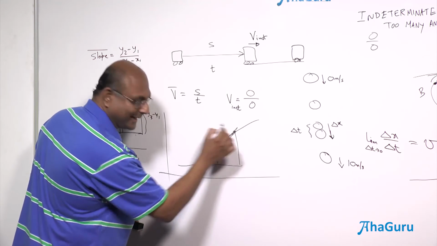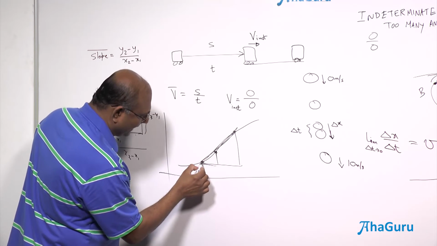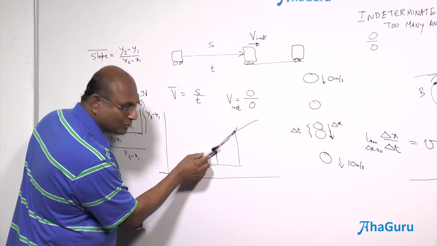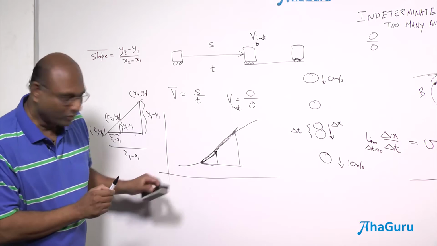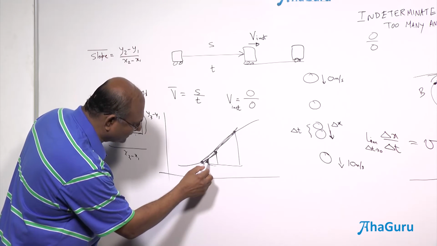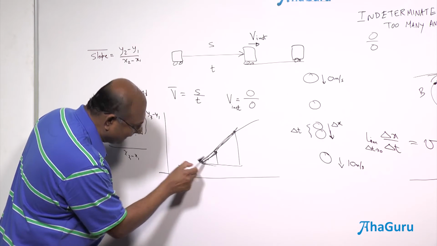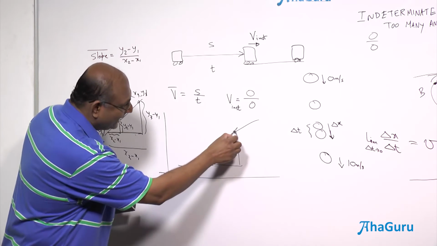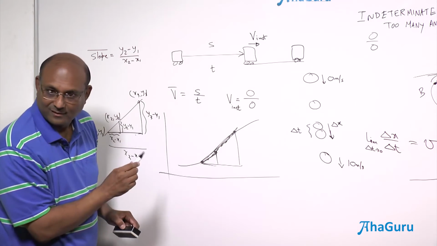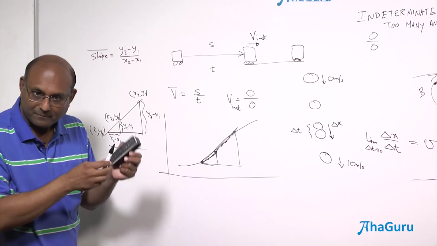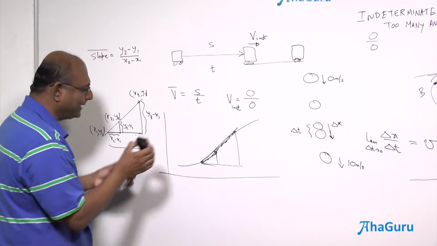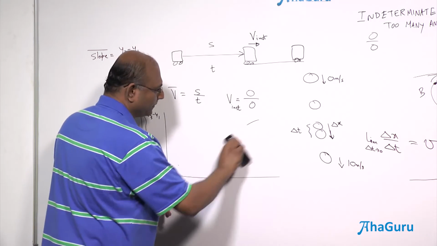I'm finding the slope of that line, whereas if I took this, I'm finding the slope of this line. Do you think these two lines have the same slope? No. And if I make this point get closer, I will get a different line. But can you see that as I start approaching it, the lines get almost the same as each other. Let me draw it a little better and show you.